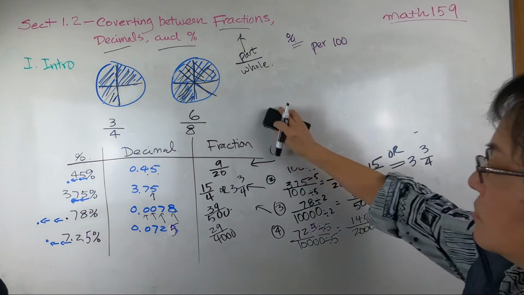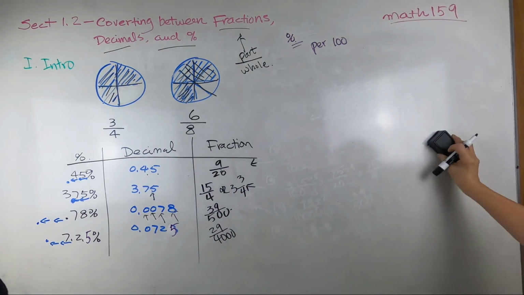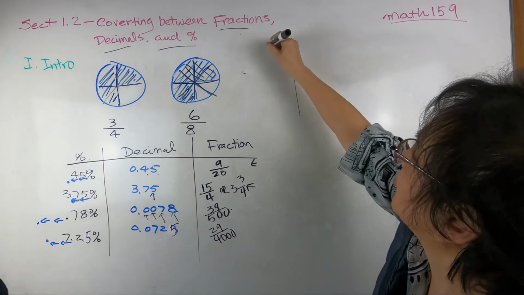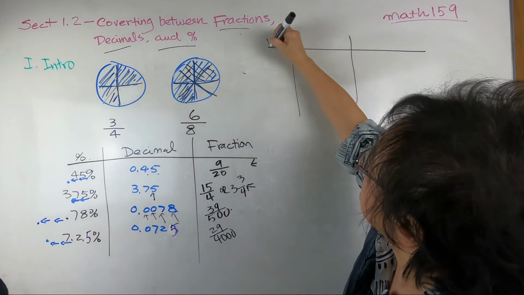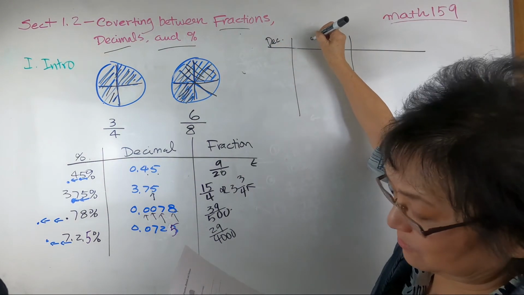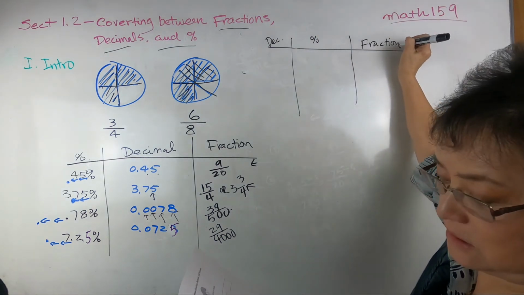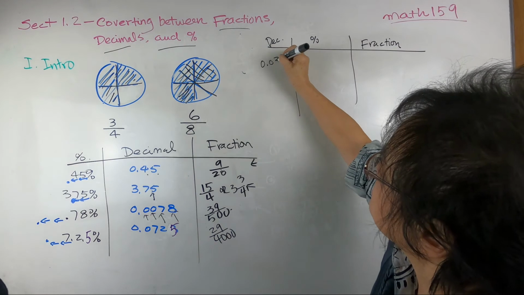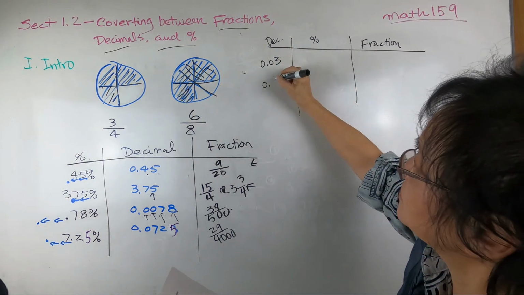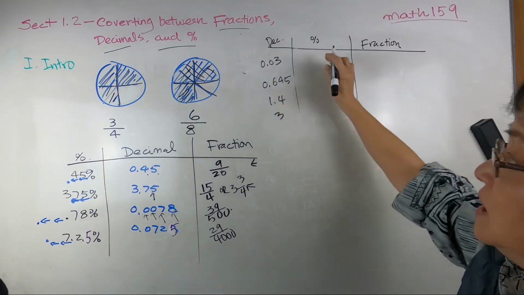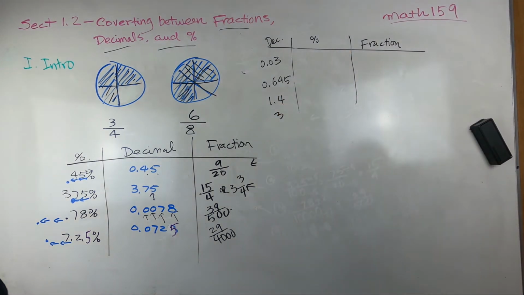Okay, so if we just give you the decimal first, so then percentage to fraction. If we give you decimals like such, 0.03, 0.645, 1.4, you need to put in the percentage. What do you think you would do?